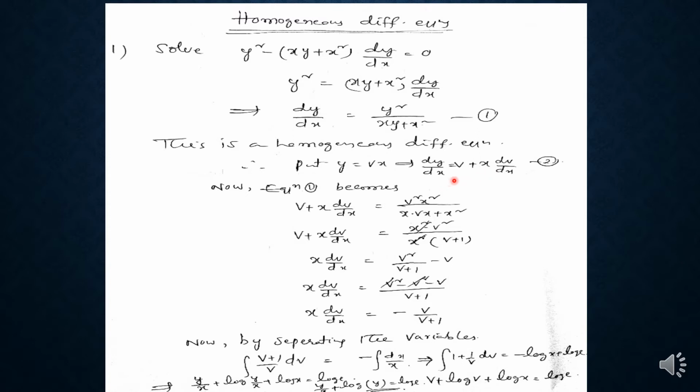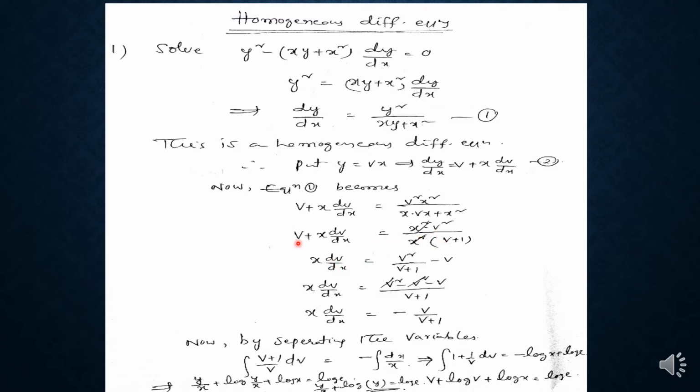Now by substituting this value of dy by dx in terms of v and x in the first equation, we get v plus x dv by dx is equal to y square, that is vx whole square, that is v square into x square, by x into vx plus x square, that is v plus x dv by dx is equal to x square into v square by x square into v plus 1. So here x square gets cancelled. Now v plus x dv by dx is equal to v square by v plus 1.